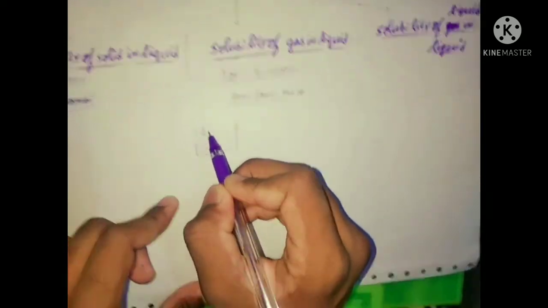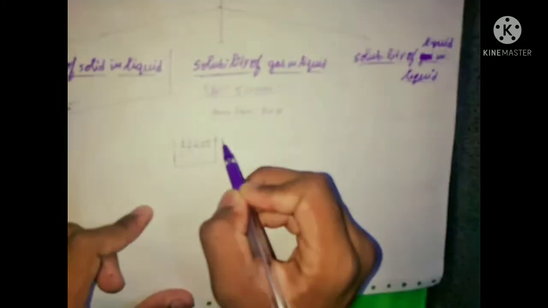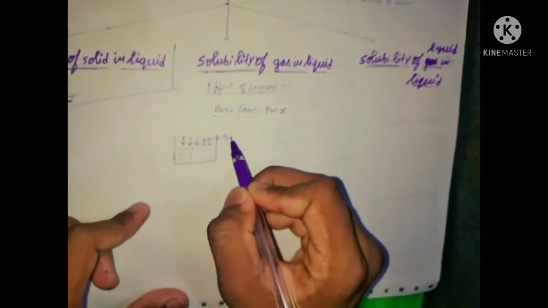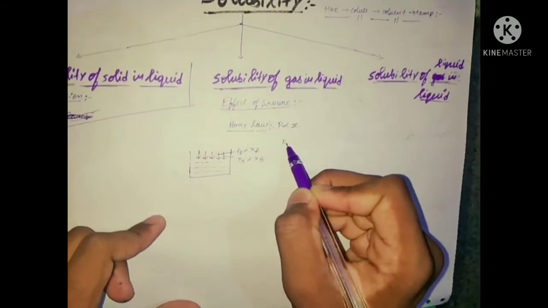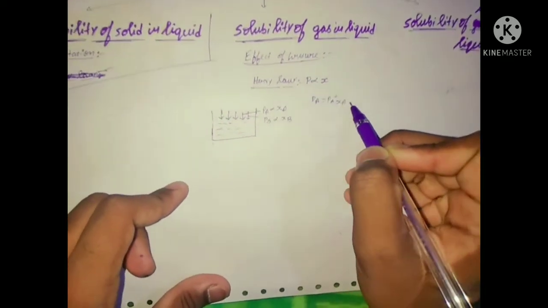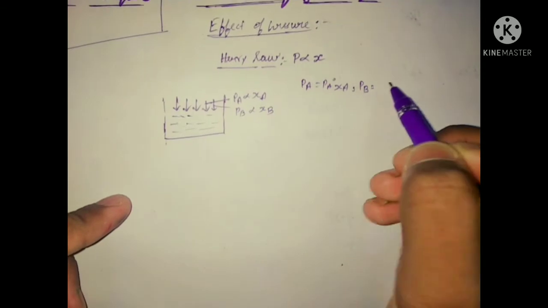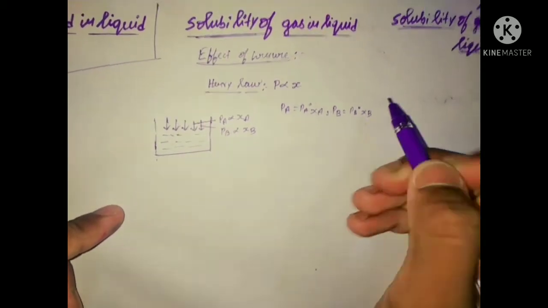Consider PA proportional to XA and PB proportional to XB. PA is equal to PA naught XA and PB is equal to PB naught XB.